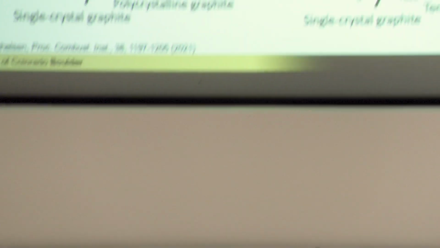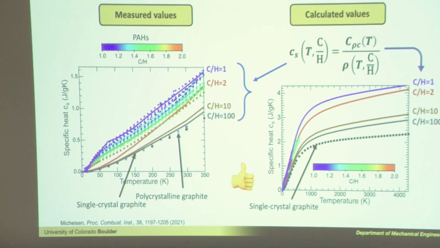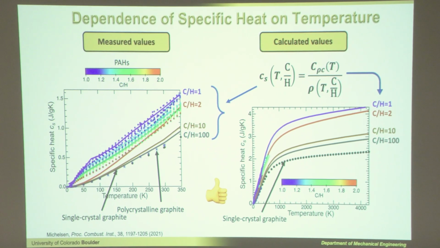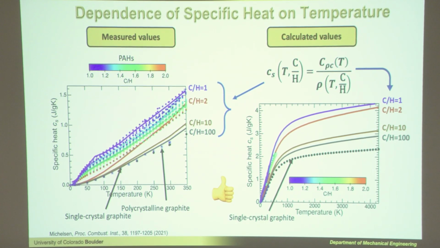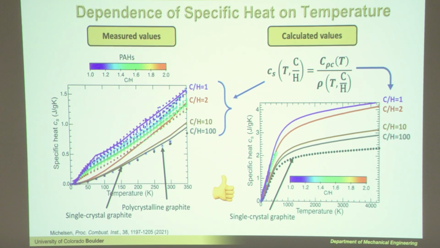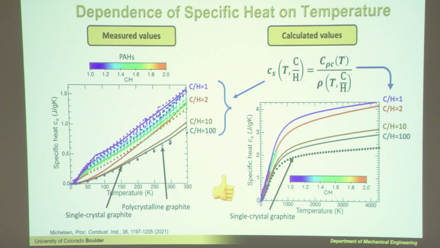So you can plot this, perpendicular or parallel. I can't remember if it's perpendicular or parallel, or it's just an average of the two. But polycrystalline graphite will be right in the middle, between the two.